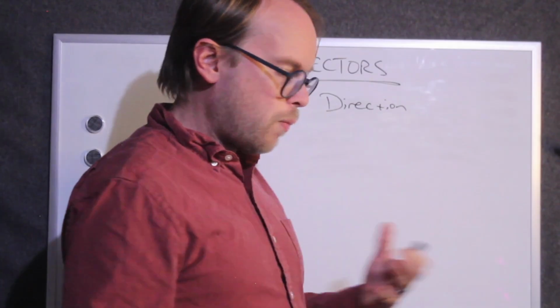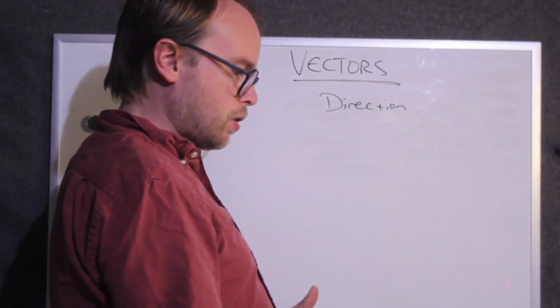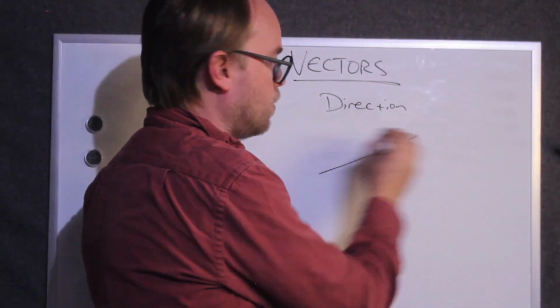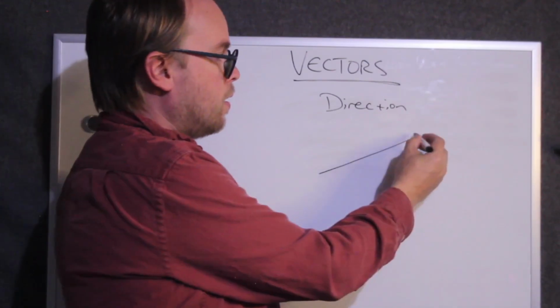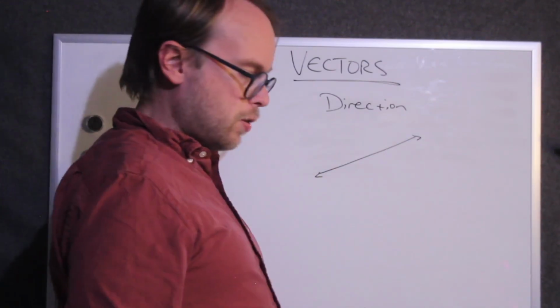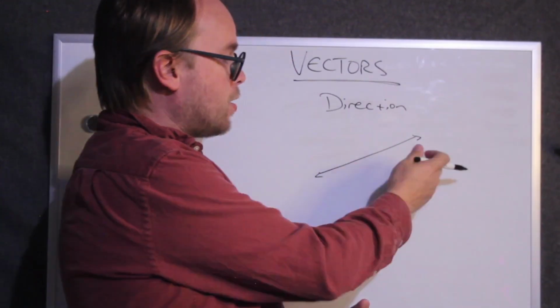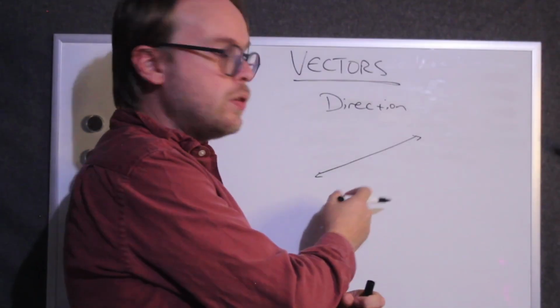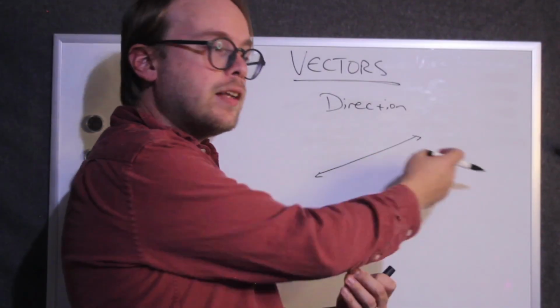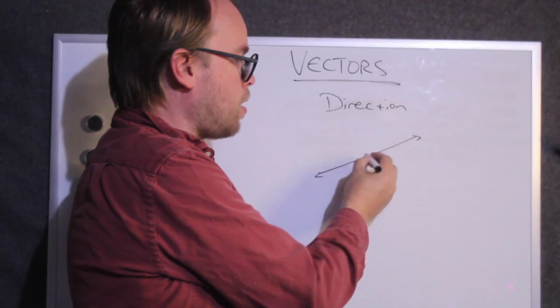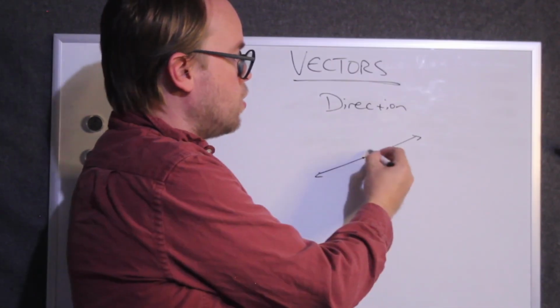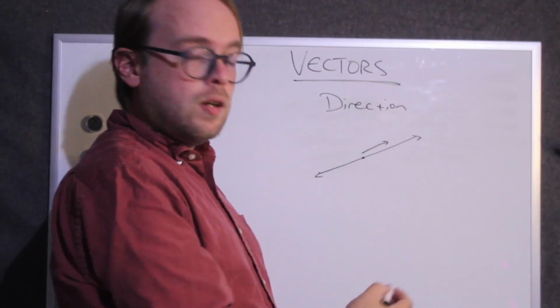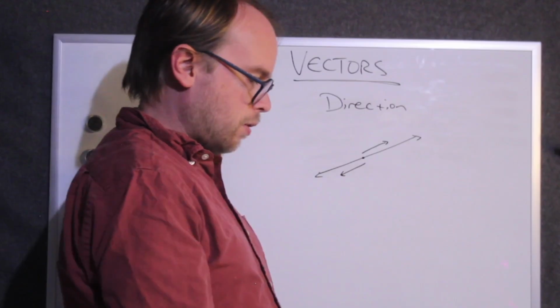So the way we get a concept of direction is we start with a straight line, say like that. It goes off forever in both directions. Now, on any straight line, it's possible to move from a given point in two different directions. So say this is our starting point. You could move in this direction, or you can move in this direction, right?